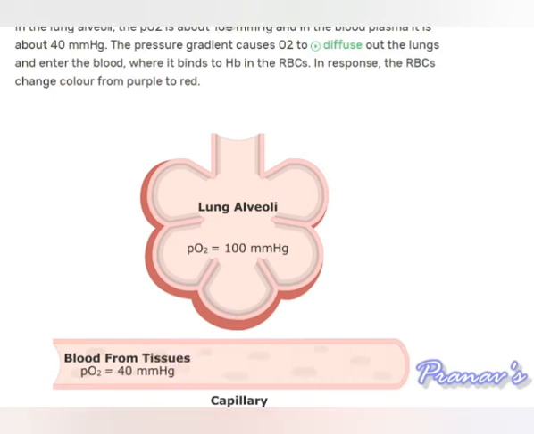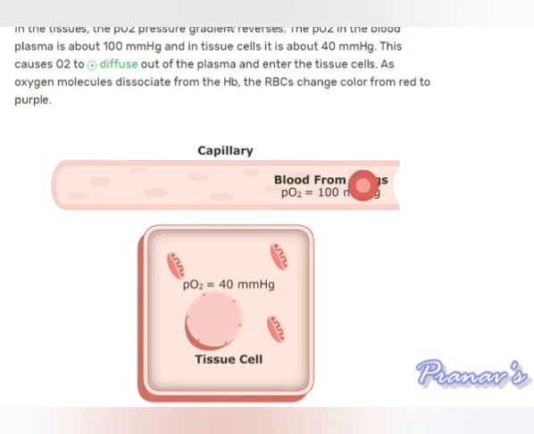When it is gaining oxygen, its color changes to red. When oxygen molecules dissociate from the hemoglobin, the RBC's color changes from red to purple.